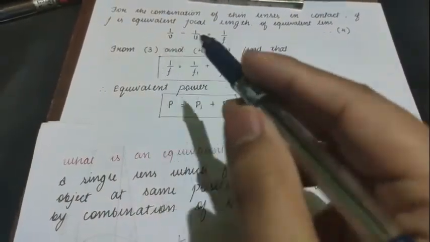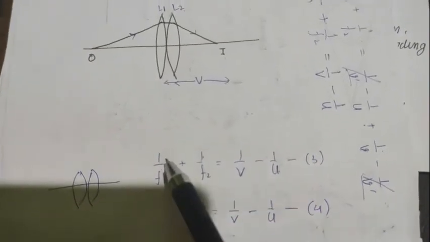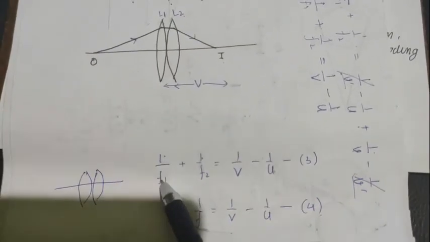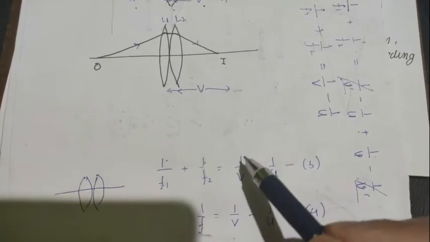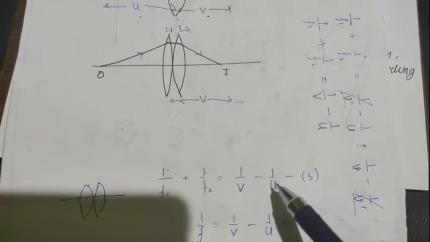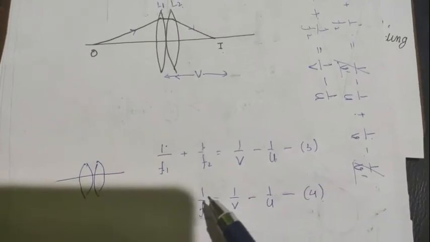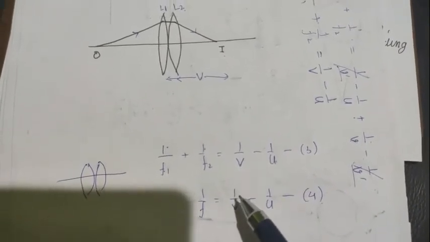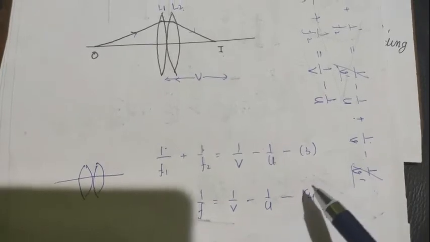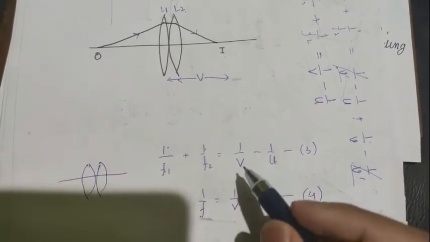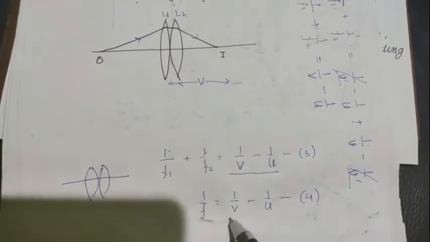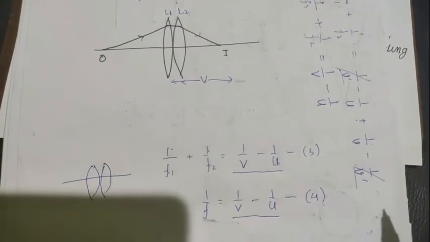Now from equations 3 and 4, we remember our equation 3. What was equation 3? 1/f1 plus 1/f2 equals 1/v minus 1/u. And what is equation 4? 1/f equals 1/v minus 1/u. Now look at the right hand side. Are they same?